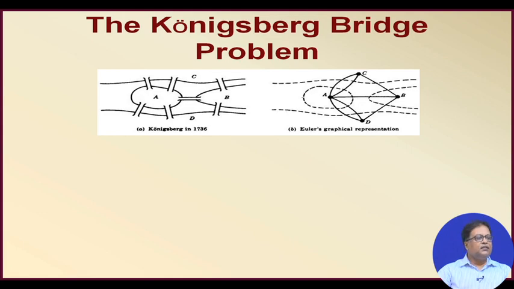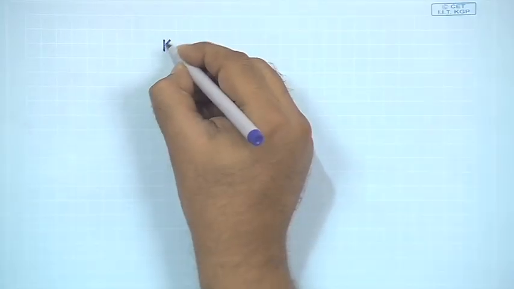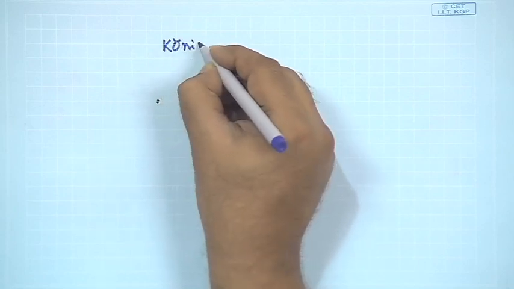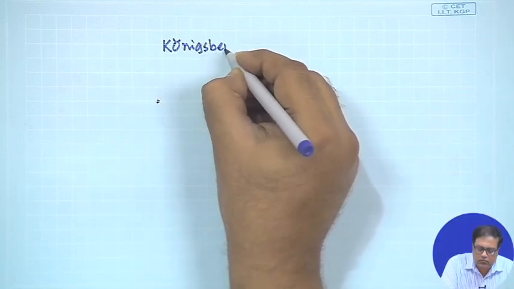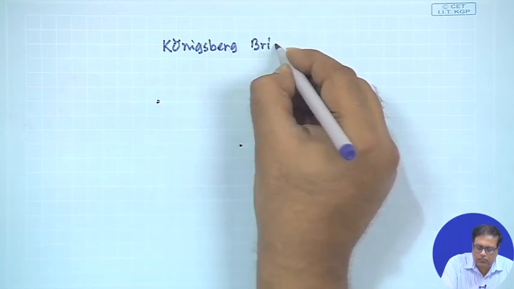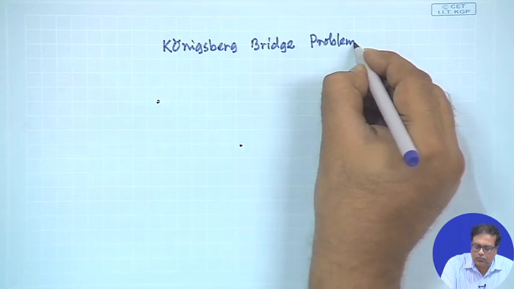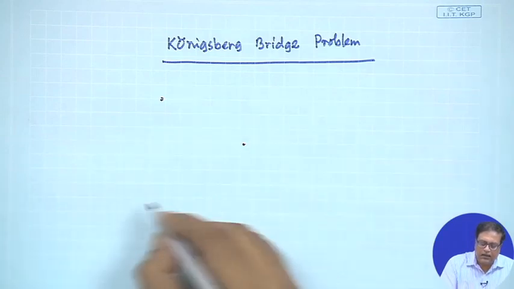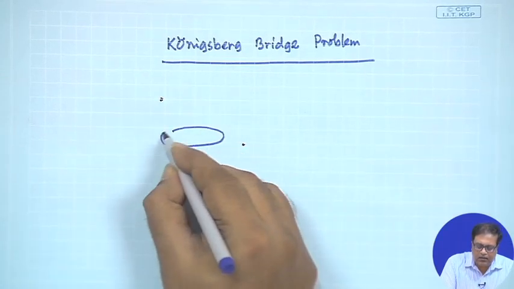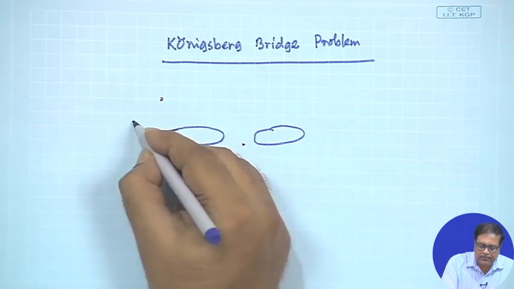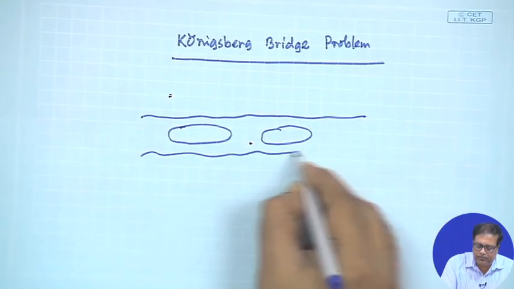So, you see this is a very interesting problem. The problem, as you can see, let us draw this, the Konigsberg bridge problem. In this case, supposing there are two land masses in a river, right.